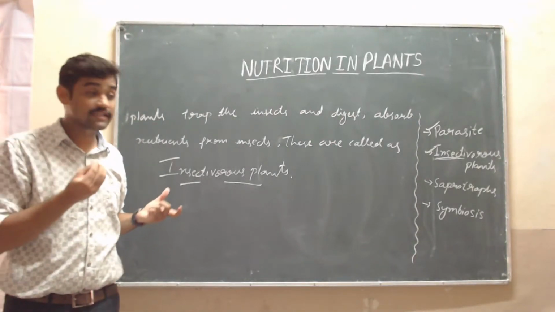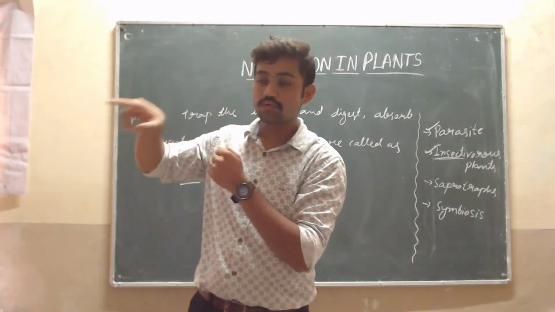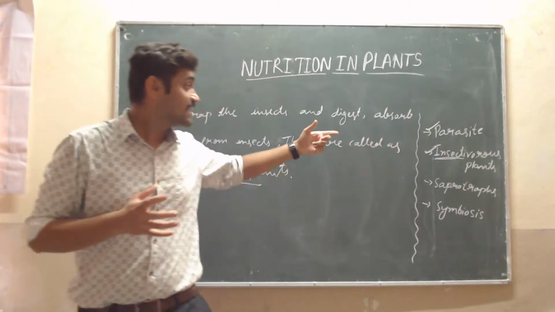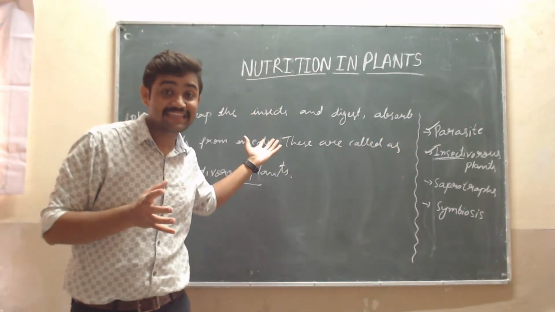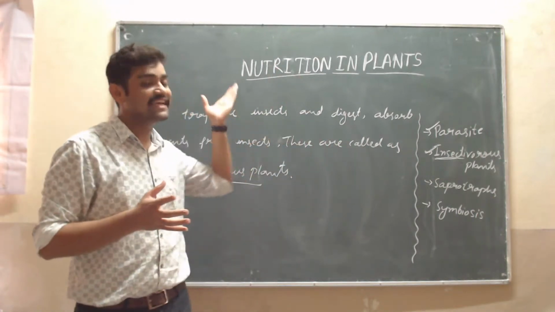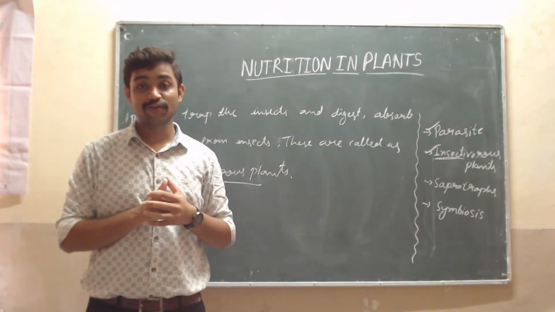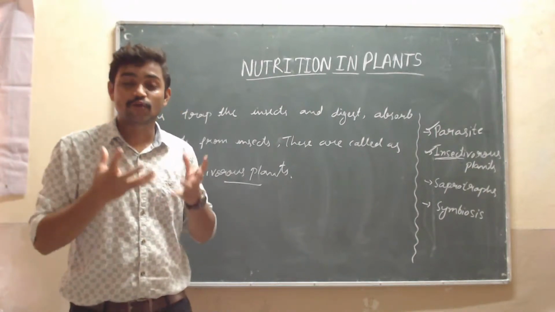Now, when they need food, what do parasites do? They stand near others, fight and cheat them, and get food from there. But some insectivorous plants will eat other insects. The insectivorous plants trap the insects and absorb the nutrients from them, to grow and to get energy.